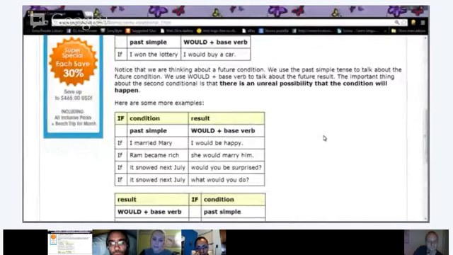Okay, just all right there would be fine. All right, so as we can see, we are using an unreal possibility. We are unsure that everything is going to work out that way. That's why we're saying would. If we were to change that and say will, that obviously would be first conditional, but when we say will, that is definite. I am definitely going to do that. Would is not definite. We don't know if I'm going to marry Mary.